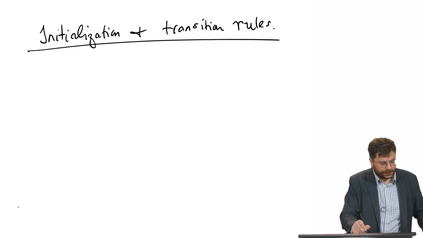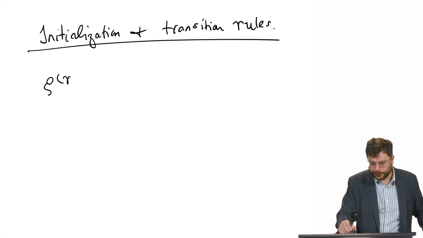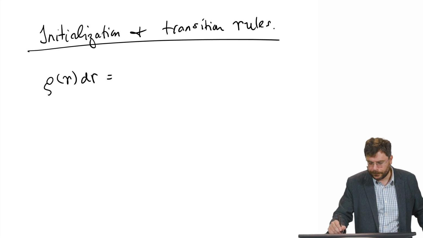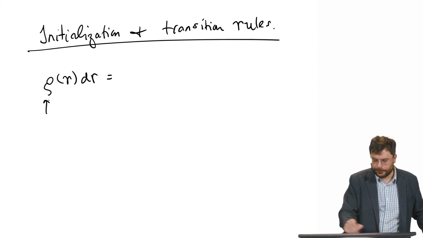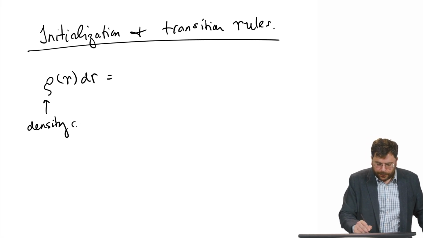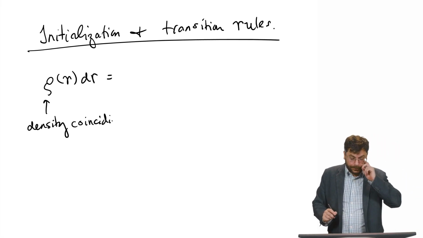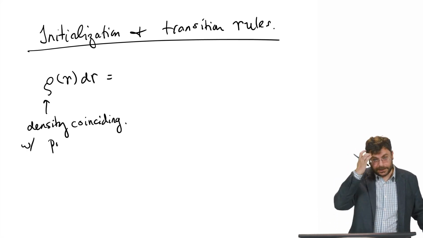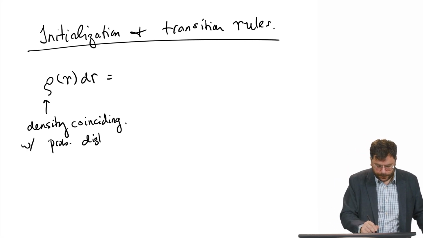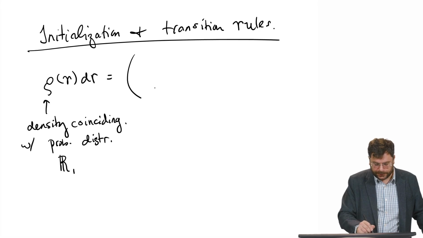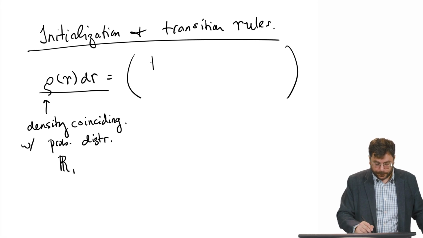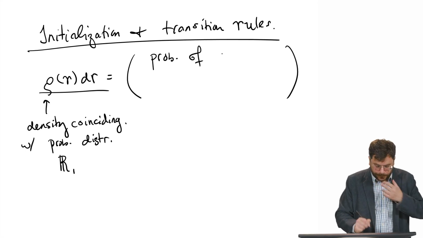Initialization and transition rules. So when I write out rho of r dr, this is the density coinciding with my probability distribution R1.